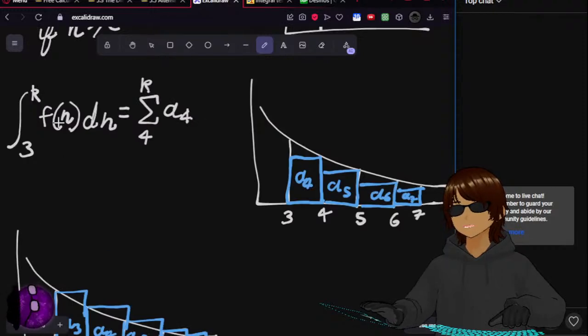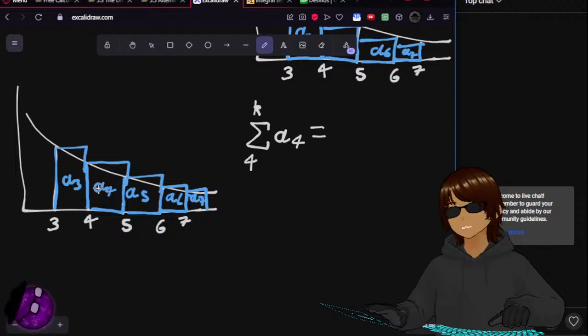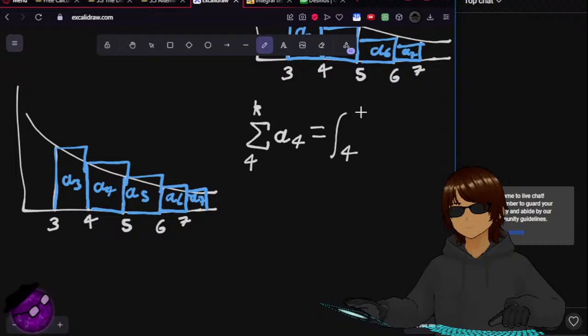So before we concluded this, we can also say A4 plus A5 plus A6. This gives the area from 4 to 7. Or we can say from 4 to k plus 1.